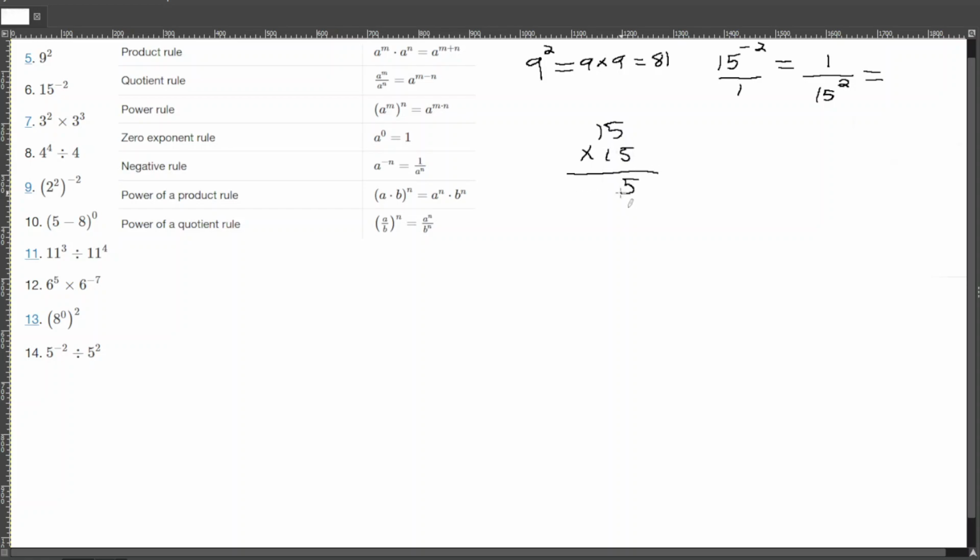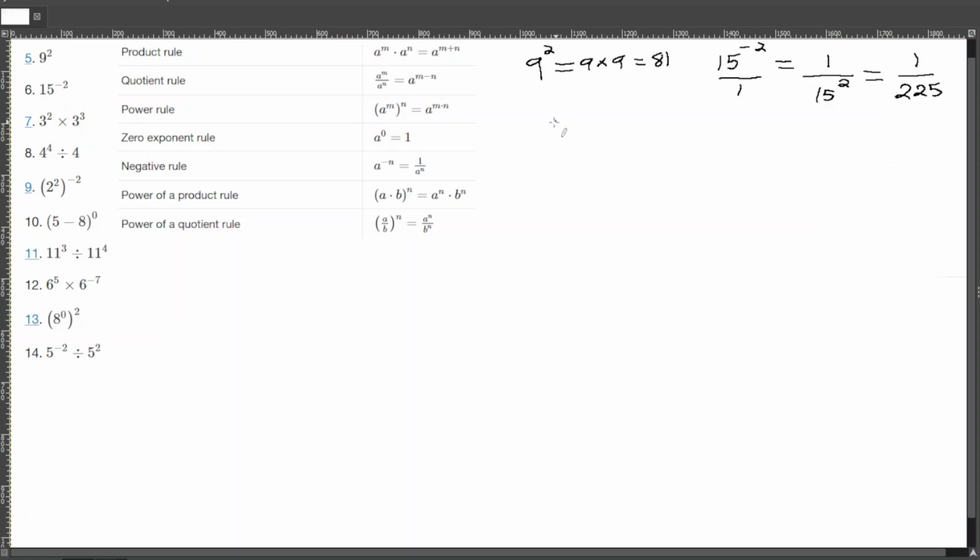That's 25, carry the 2, 5, 6, 7. That'll be 5 and 1. So it's 5, 12, carry the 1, so 225. So this will be 1 over 225. Oops, I'm on the wrong screen. There we go. So 1 over 225. So that's how we would go about 6.